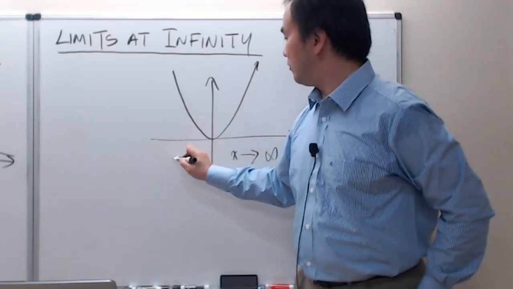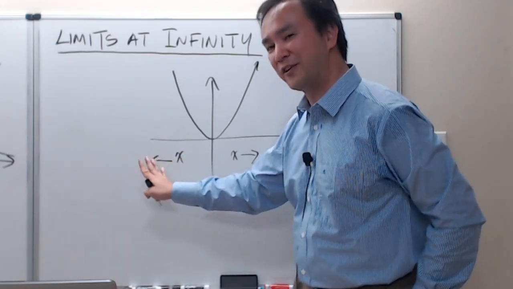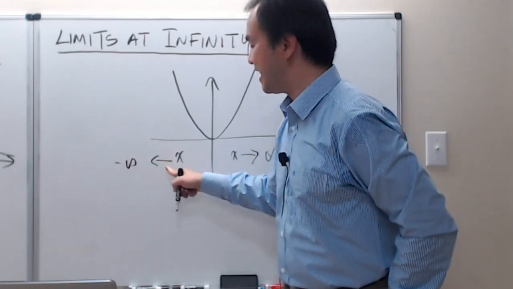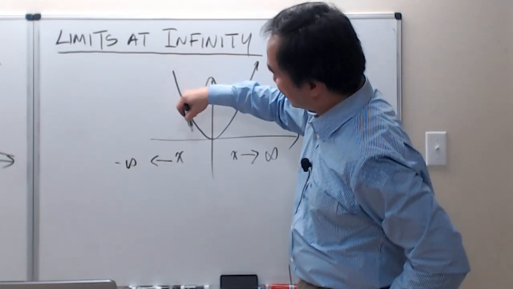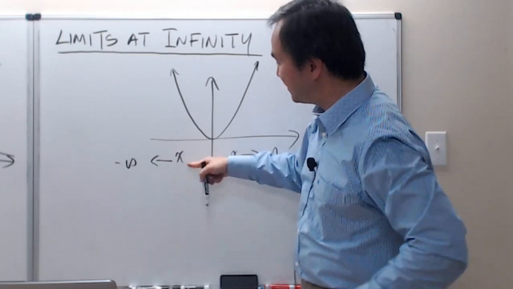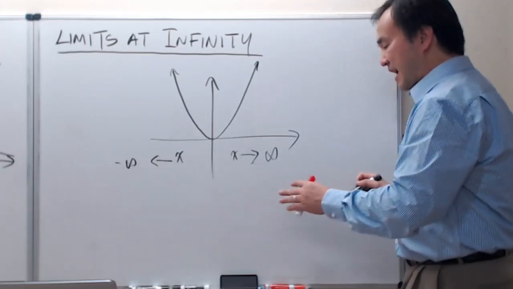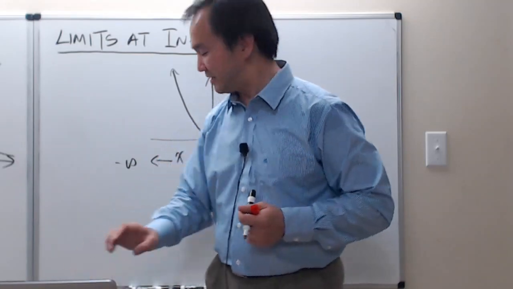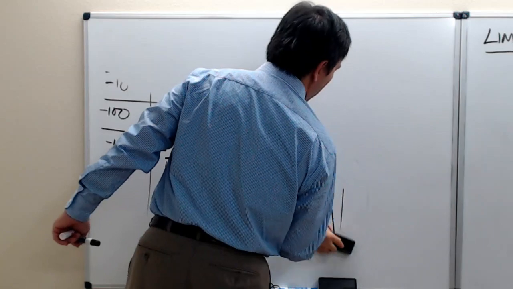Same way, when we're letting x approach, for the graphical purpose right here, I have to use a backward arrow, we want to let our x head out to negative infinity. So x approaching negative infinity means we want to study how the function behaves when we're navigating our x values to the left end. And same way with the very recent example with the 1 over x function.